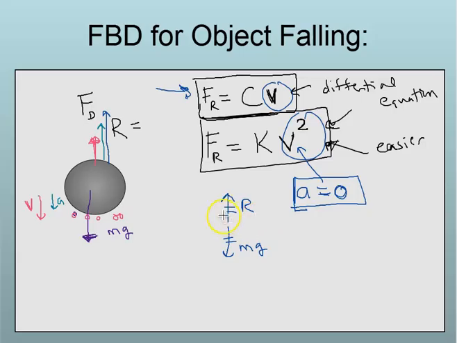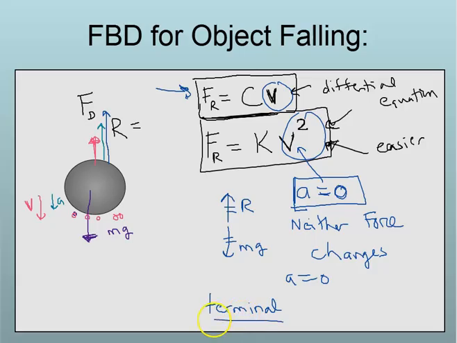Here, neither force changes anymore. Gravity's constant, air resistance is constant because it can't change, because you're not hitting air molecules faster. Neither force changes, so acceleration is 0 indefinitely, which means you have the same velocity for the termination of your trip, which is why it is called terminal velocity.